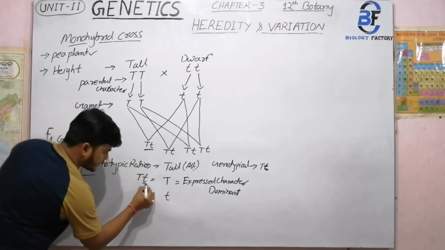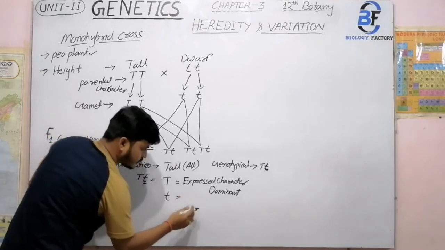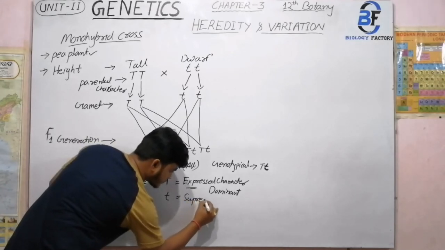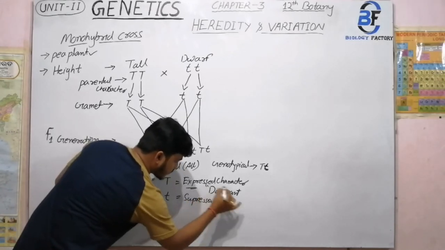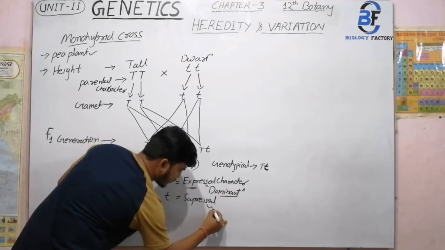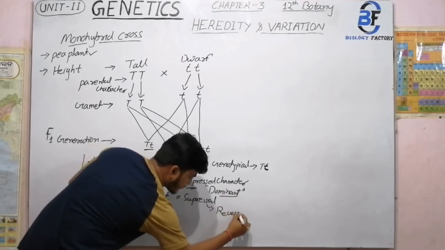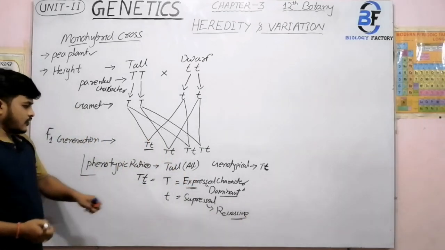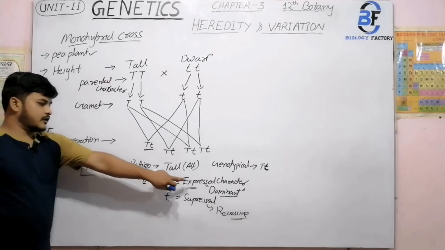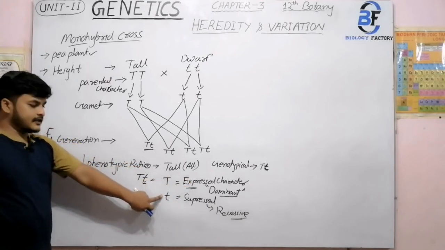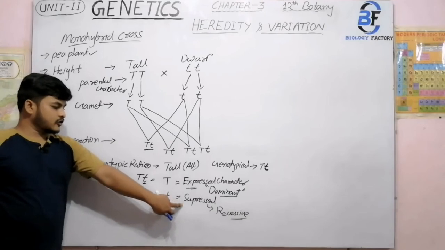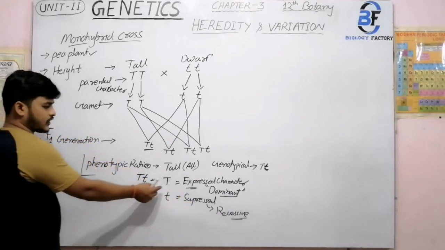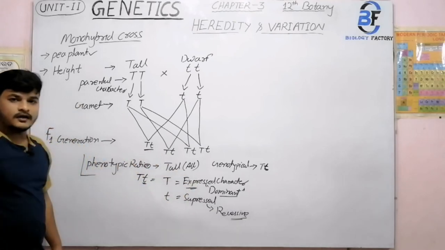The next character, small t, is the suppressed character, and the suppressed character is otherwise known as recessive. So capital T is dominant over the suppressed character, that means recessive, which is small t.